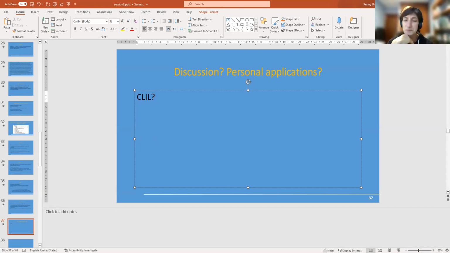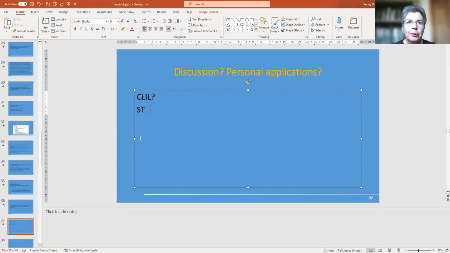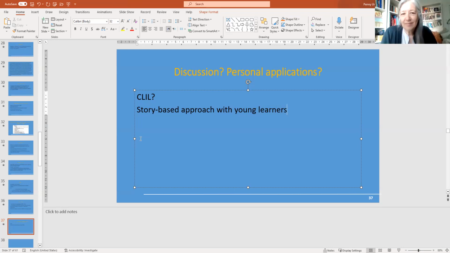Story-based where? With young learners, yeah. Both CLIL and the story-based approach actually mesh well with TBLT, don't they? So that would be, yes.